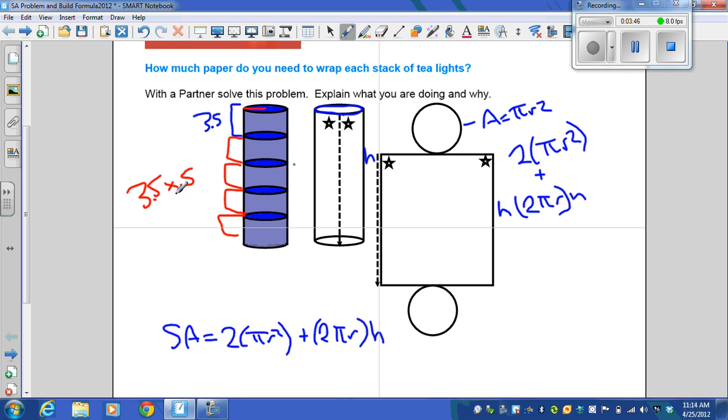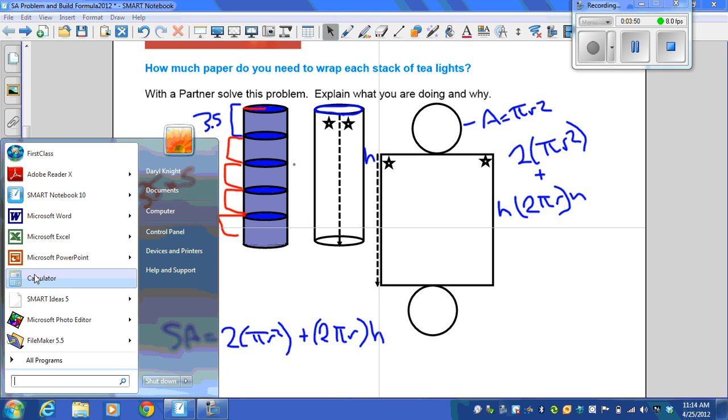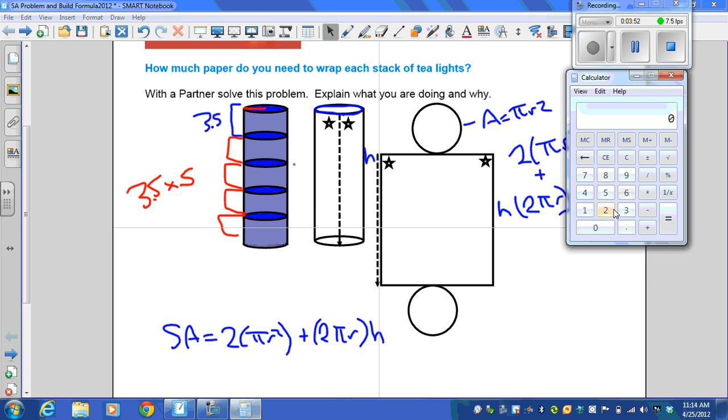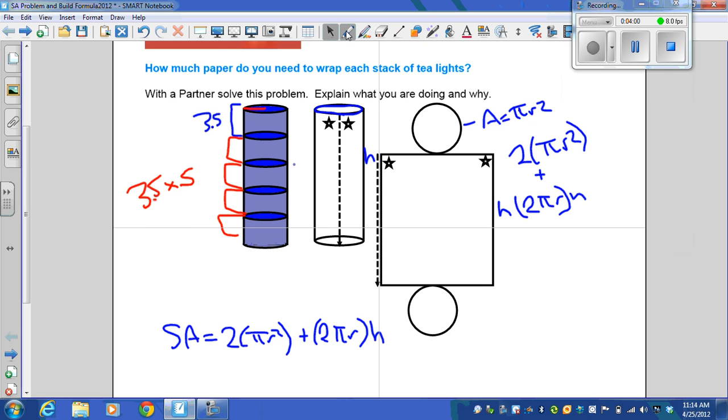You can calculate it out. I'll pull up the calculator: 3.5 times 5 is equal to 17.5. So that's going to be our h of the whole object.